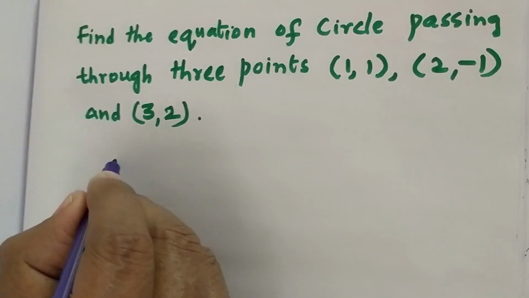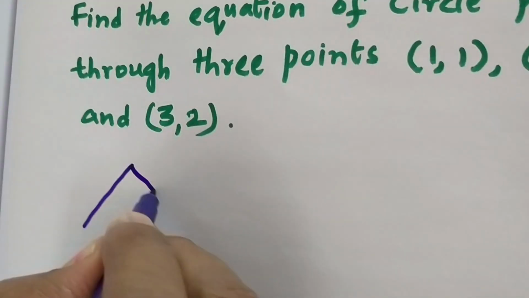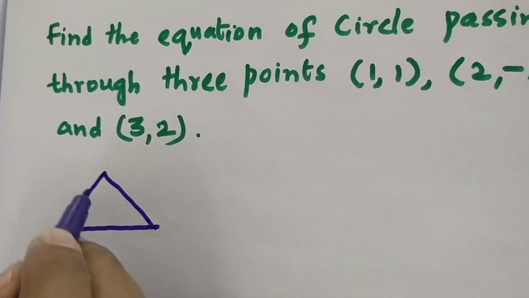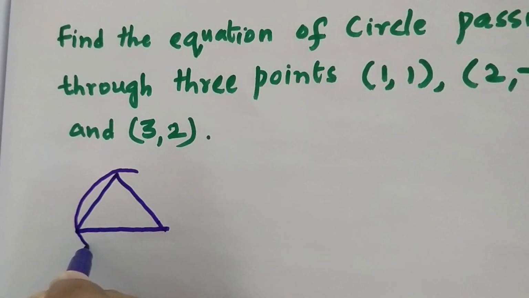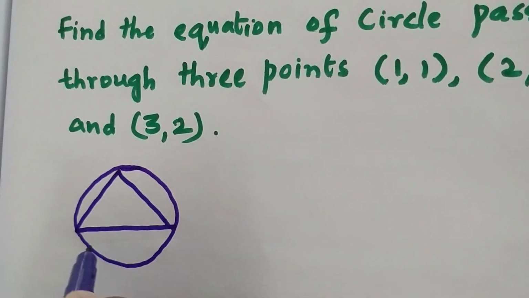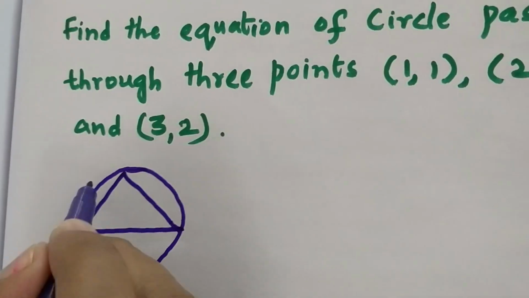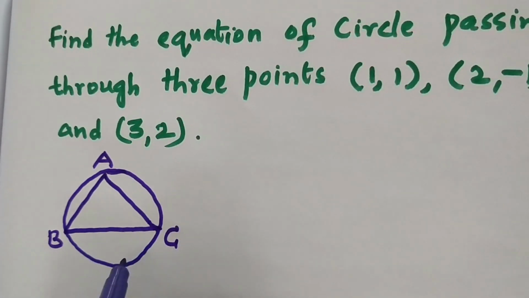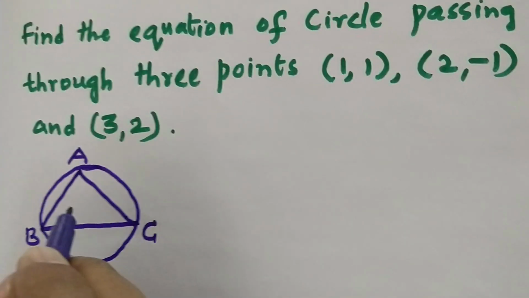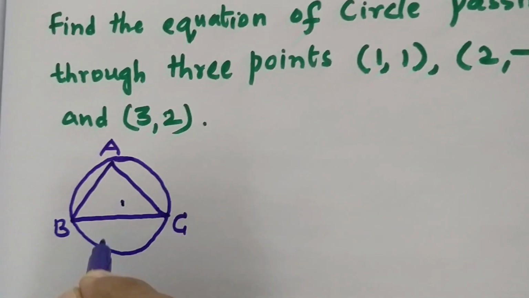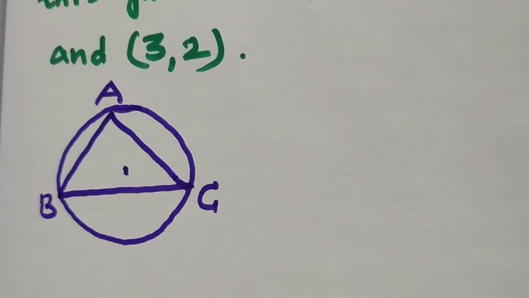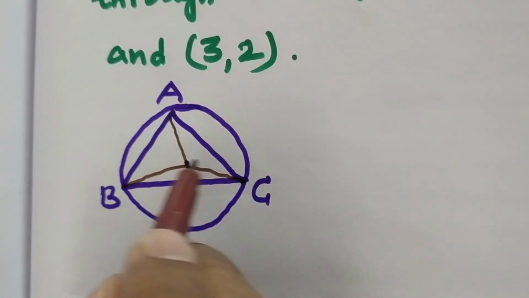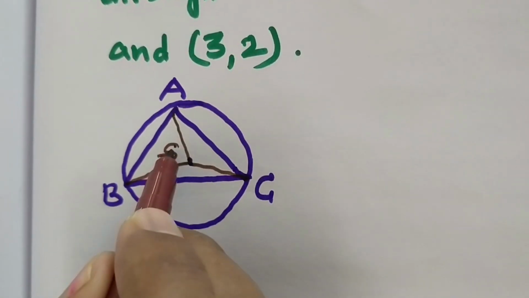You know that in the straight lines chapter of the first year, this is a triangle and a circle passes through the 3 vertices A, B, C. Then this circle is called circumcircle, and a point which is equidistant from A, B, C is called circumcenter.